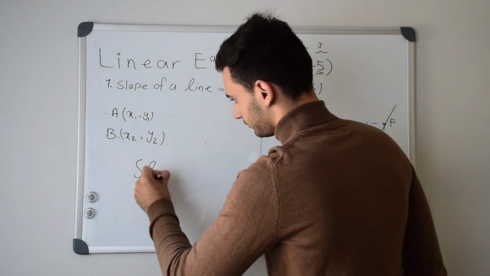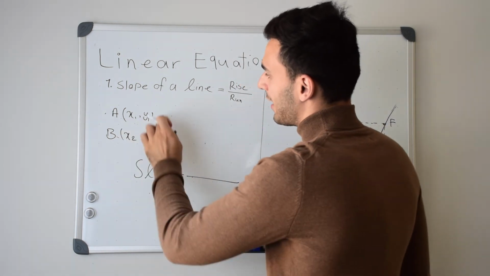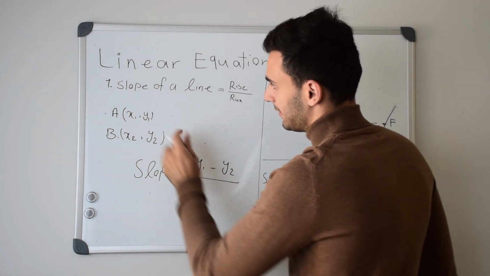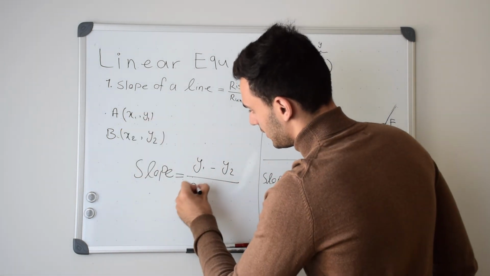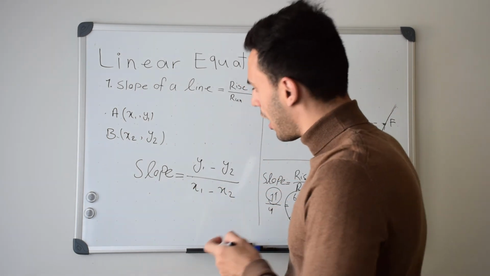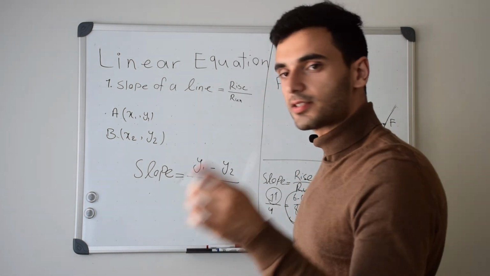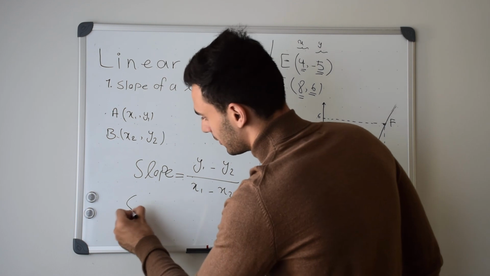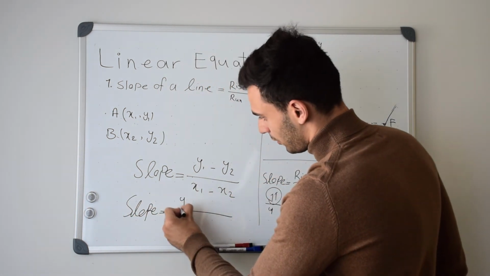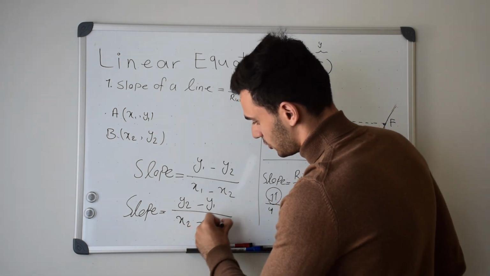Slope is equal to, we take any of these, so y1 minus y2 divided by x1 minus x2. How did I understand which one should I subtract from the other one? It doesn't matter. How come? Another way to say it, slope equals y2 minus y1 over x2 minus x1.